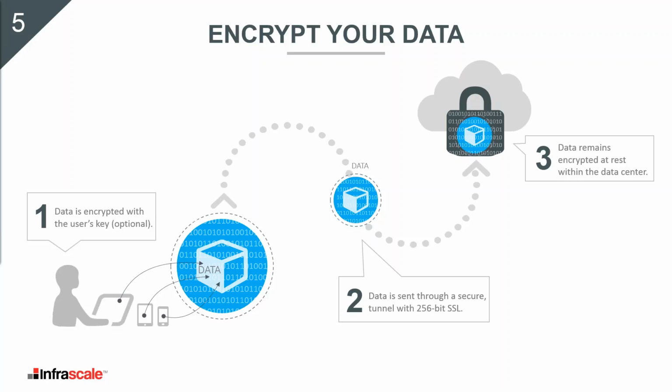And then when the data gets to the data center, it's encrypted again with a key that the vendor has and you don't know. So by having those two separate keys, it's going to dramatically lower the chances of an attack being successful. And even if a hacker gets in, they can't decrypt the data because they don't have both keys. So it's just like a bank deposit box. You need both keys to access that data.